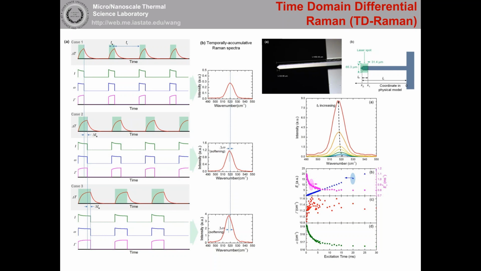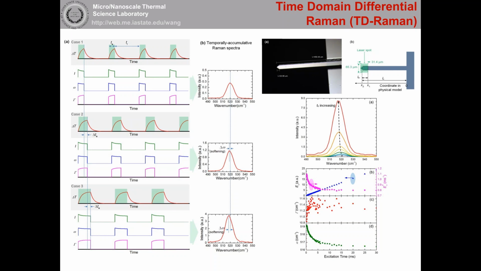The other one we are doing right now is we combine a picosecond and a CW. We use picosecond to do the Raman, and that gives a very unique thermal response of the system. The CW gives another one. So we combine the two techniques.